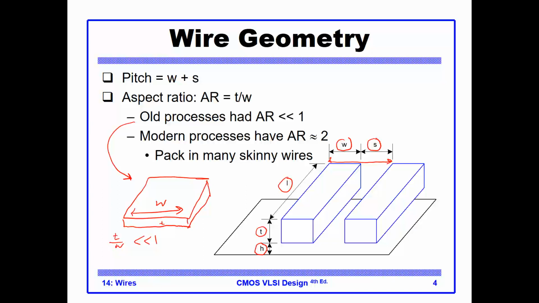But for modern processes, this ratio is more of something like that. So this is T and this is W. So T over W is about 2.